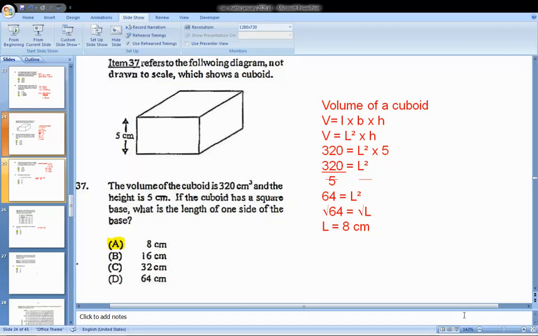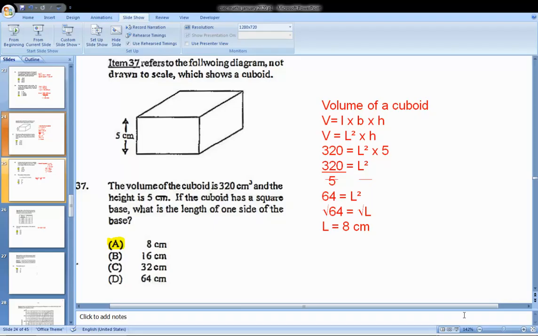So we know the volume of a cuboid V is equal to length times breadth times height. Now in this case, we're given the height. So V, the volume, is 320 cubic centimeters. We will simply substitute our values into the formula because we want to find the length.